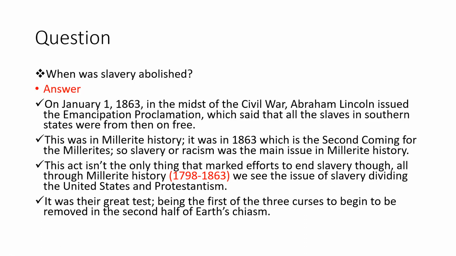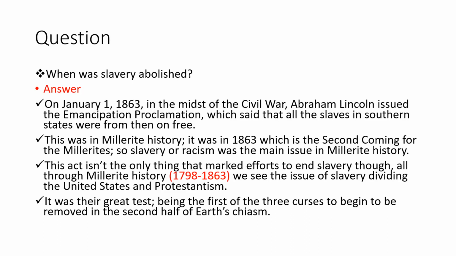So we have the states and the church. This sin is dividing the church and the state, but specifically starting with the nation, with the countries, which is the United States. That's where we find Protestantism.